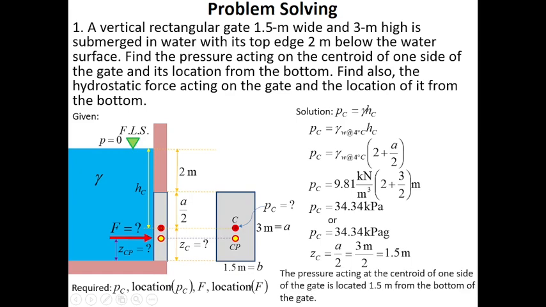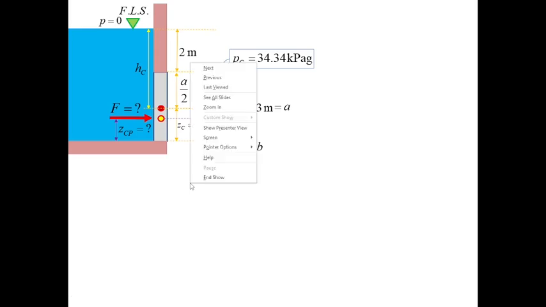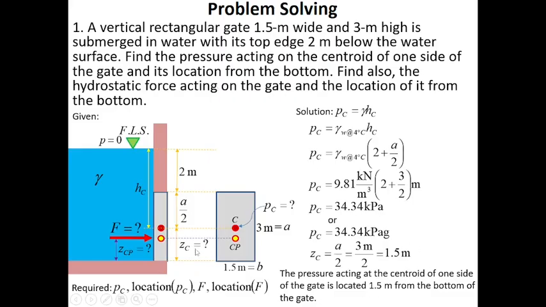We can now finalize: the pressure acting at the centroid of one side of the gate is located 1.5 meters from the bottom of the gate. That is our answer.